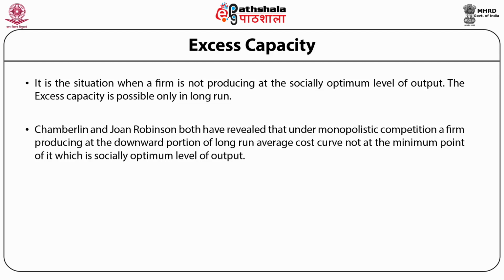Professor Chamberlain and Joan Robinson both have revealed that under monopolistic competition, a firm produces at the downward portion of the long run average cost curve, not at the minimum point of it, which is the socially optimum level of output.